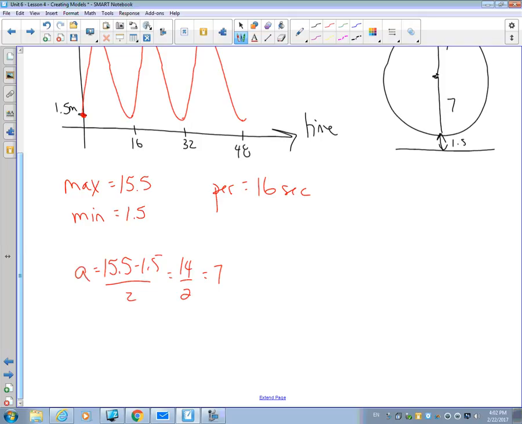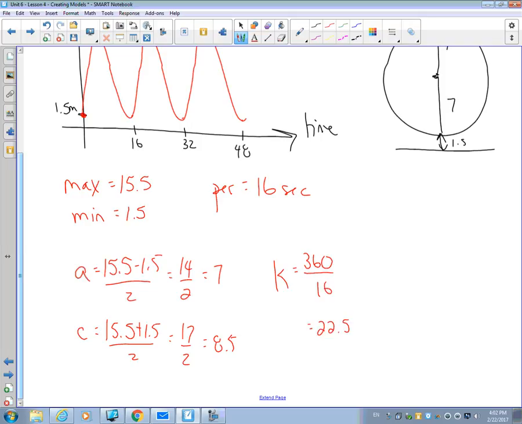But just to prove it, we can do that. Okay, C, max plus min divided by 2. That gives us 8.5. Okay, our K value, 360 over the period. That comes up to 22.5.